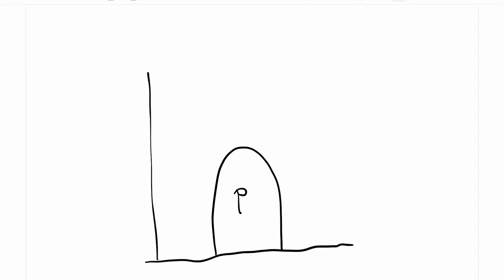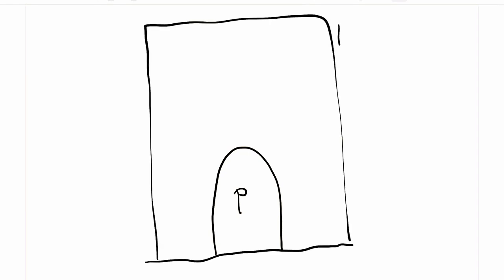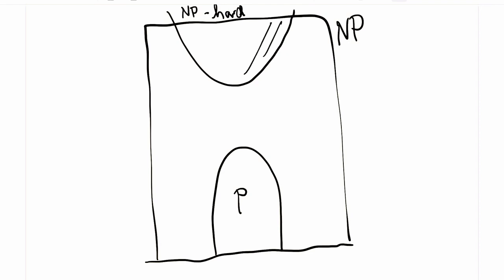So let's recap. What do we have? We got the class P. We've got the class NP, which contains P. We've got NP-hard problems. And now comes our final complexity class for today.